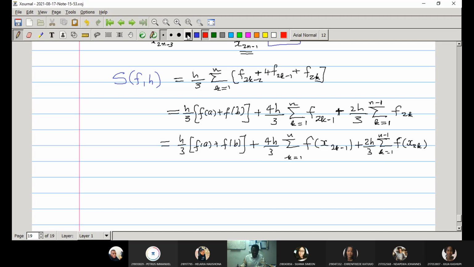And that is it. So that's what we did yesterday. Today we are going to apply it to a particular example. Okay, so we can rewrite our S for Simpson.